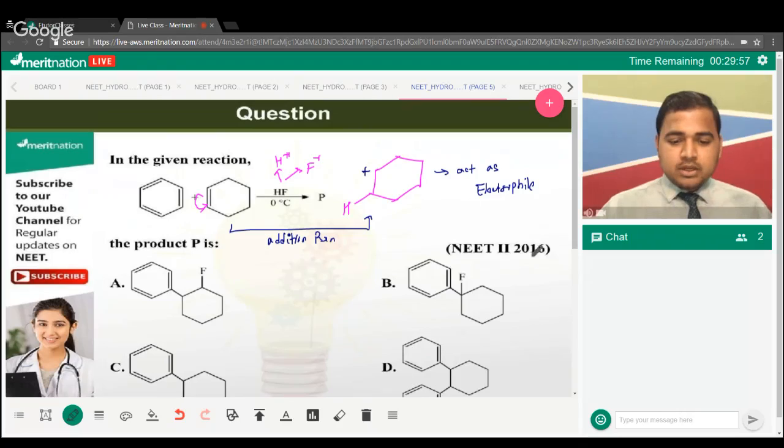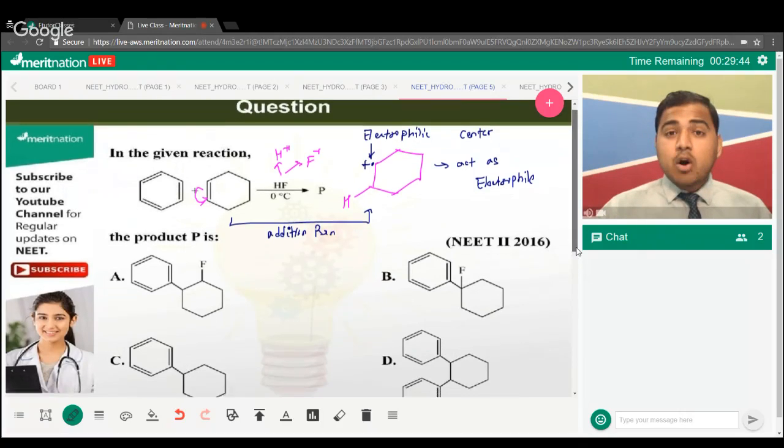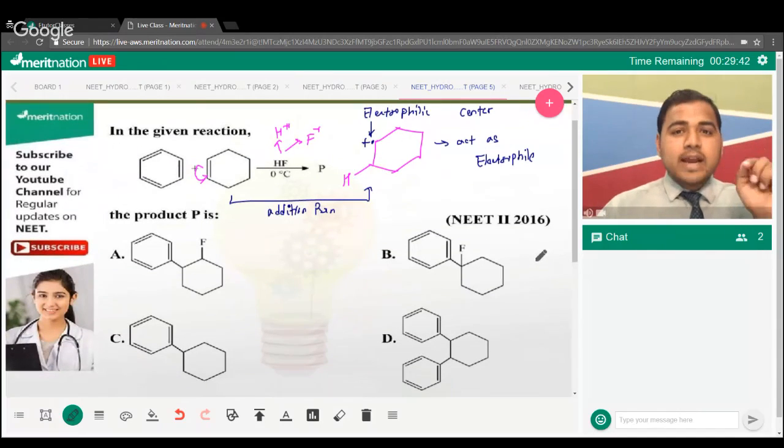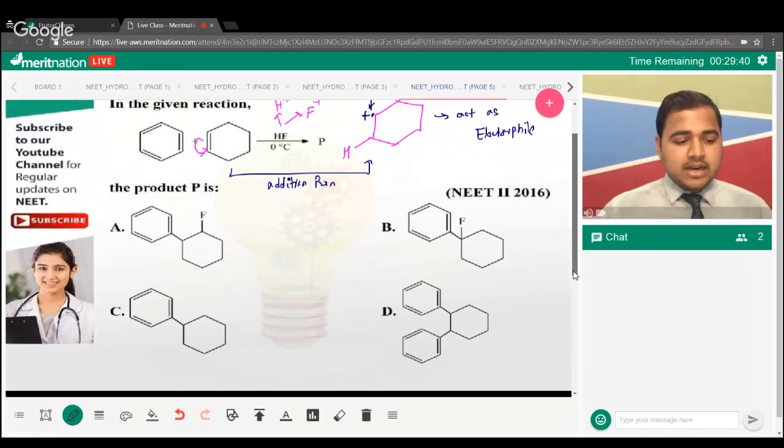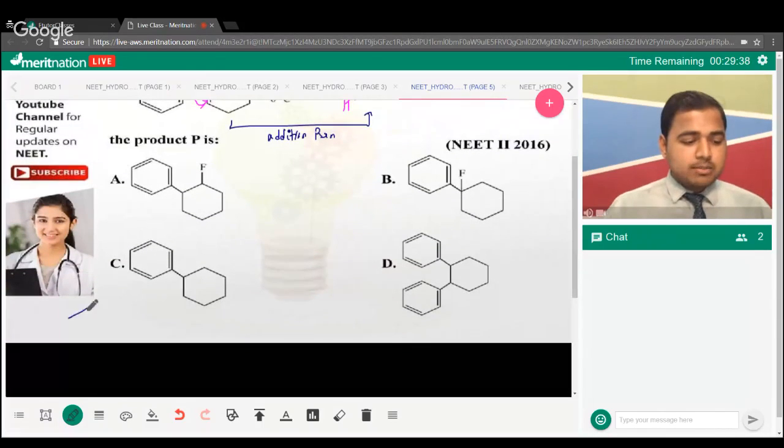So this is the electrophilic center. This electrophilic center attacks the negative side of the benzene. What is the negative side of the benzene? Okay. So just have a look. This is the benzene.